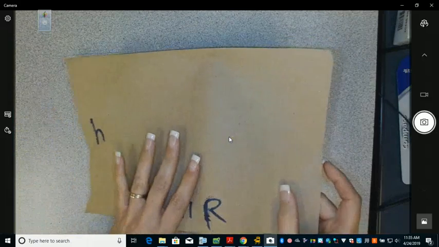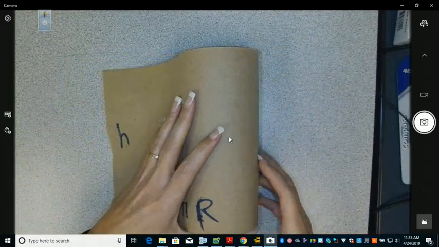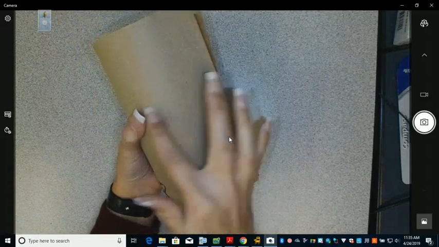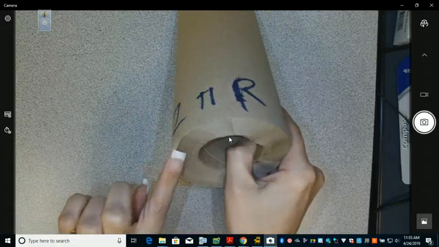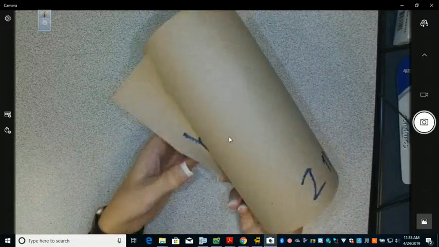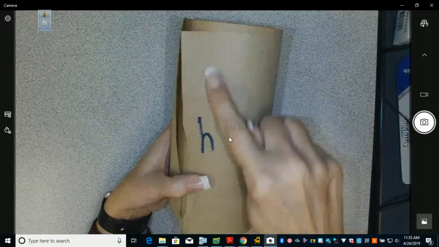So I'm going to wrap this up here like this. This is a rectangle like this, okay? So this outside sleeve is part of the surface area. Now this is the circumference of the bottom circle times how tall it is.